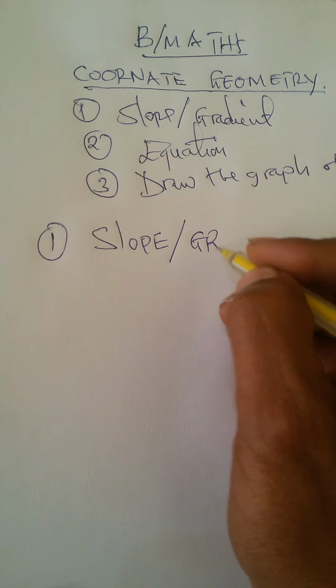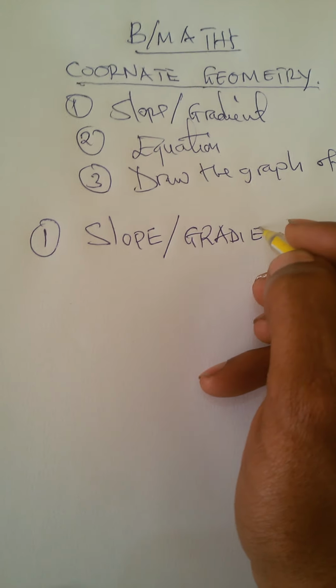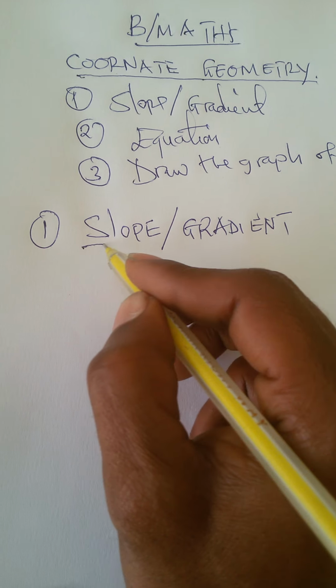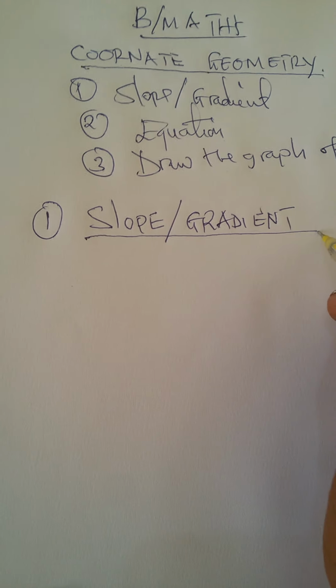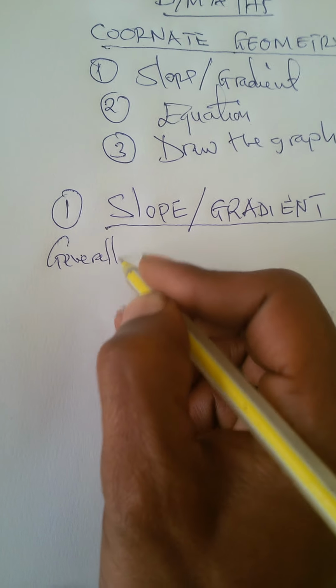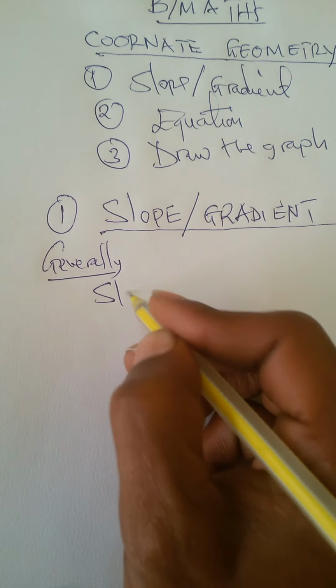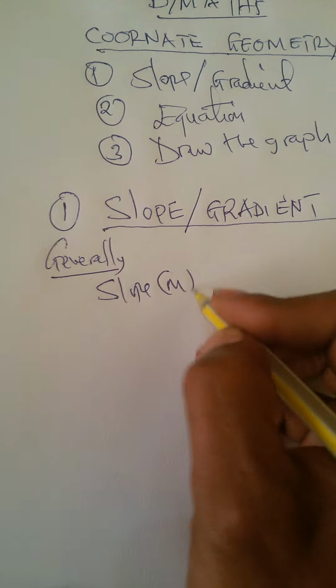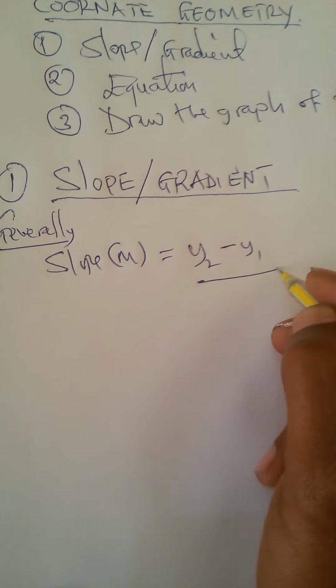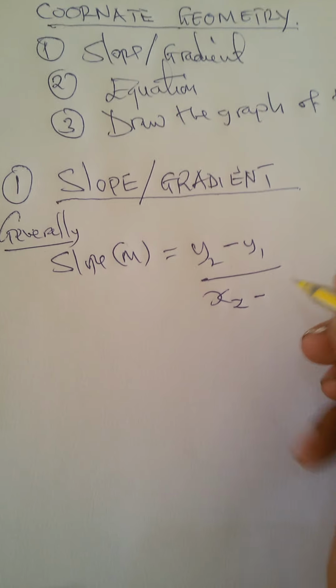or gradient. Slope or gradient. So generally, slope m is equal to y2 minus y1 over x2 minus x1.